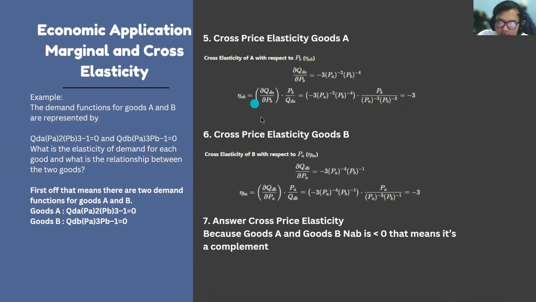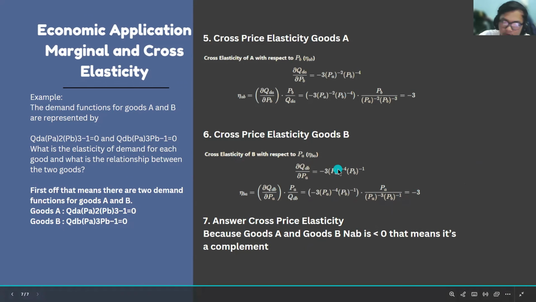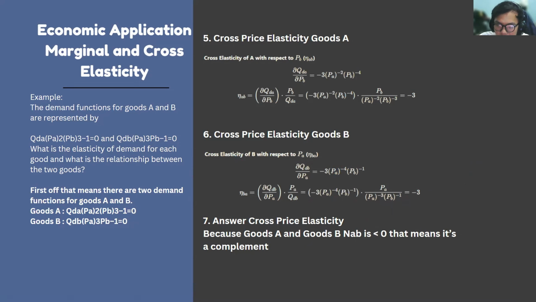Same with good B, it's the same. Now, because this is cross price elasticity, for good A and good B, elasticity AB is minus 3. For cross price elasticity, minus is minus, it doesn't change.